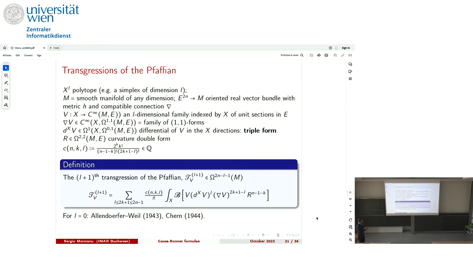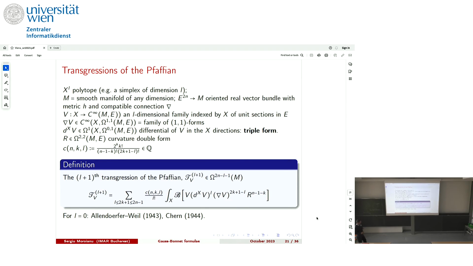So assume you have a family of unit sections in your bundle indexed by some manifold X, which could be a polytope, it could be a simplex. Anyway, it should be compact. Then the Pfaffian is kind of L times exact in some sense.